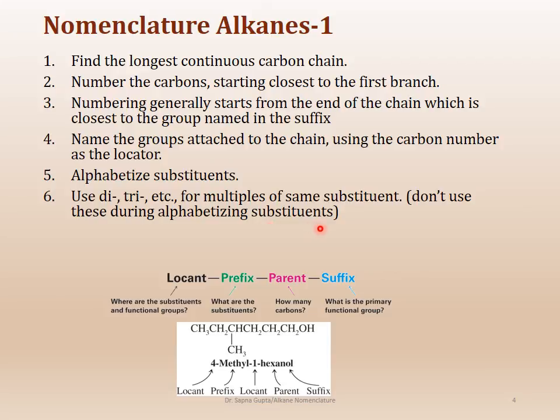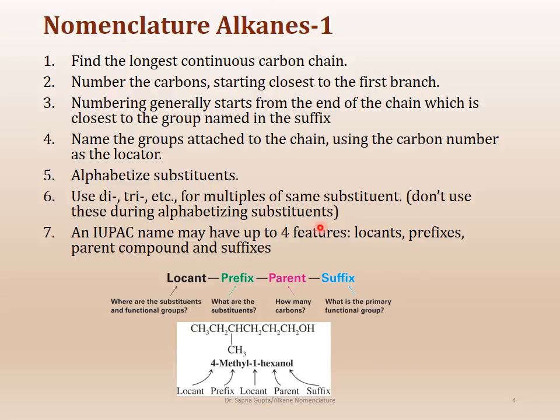The di just tells you how many methyl groups you have. So finally, an IUPAC name can have up to 4 features, which is the locant, prefix, parent, and then suffix. These are the things that you need.